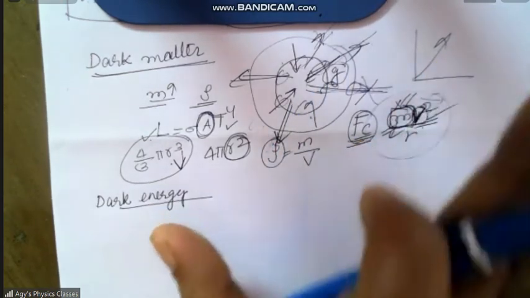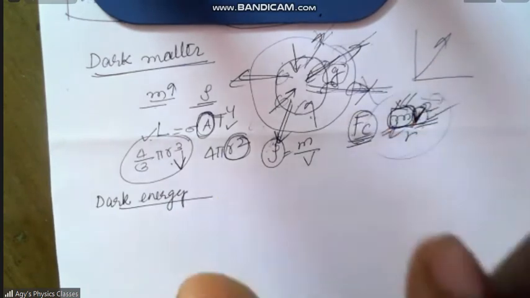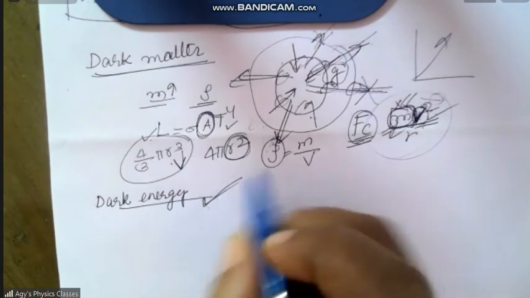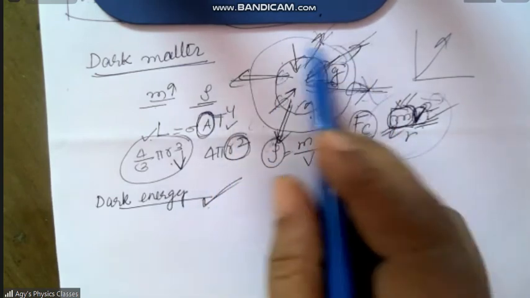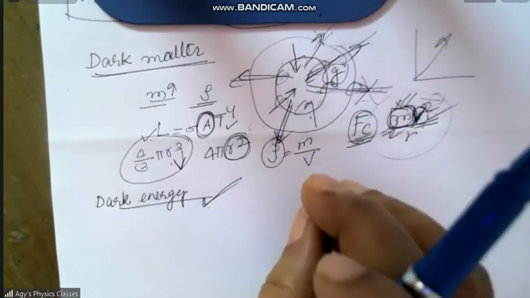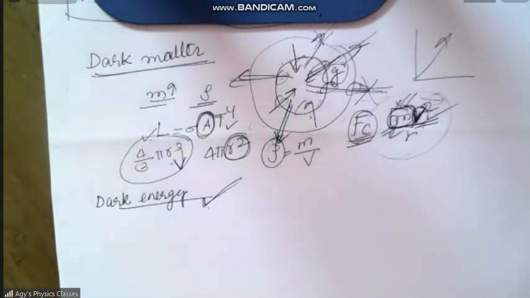So they made themselves satisfied by explaining that there is some unknown energy called dark energy, and it is the dark energy which is pushing the universe out, and that is much bigger than the gravity. That is why gravity is not able to make the universe stable.